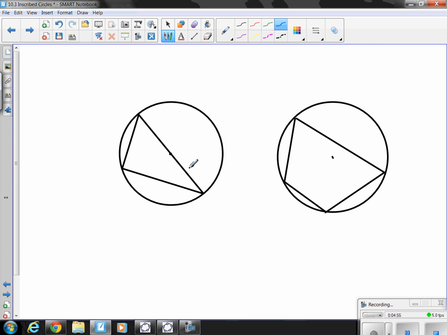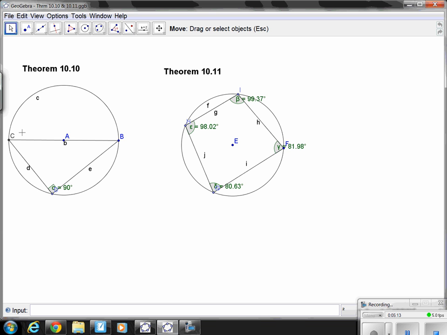All right, we got two more theorems. One theorem deals with when you have a diameter, where one side is a diameter in an inscribed triangle. What's this angle going to be? I can show you on the GeoGebra again, but let me pick the points that I can move.